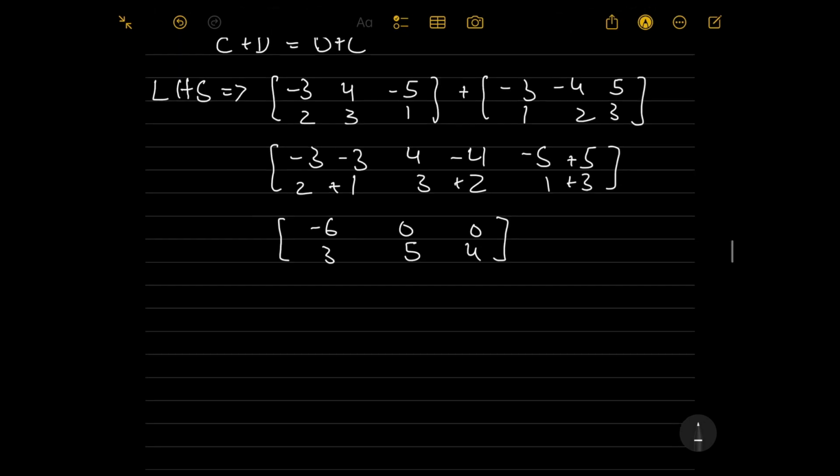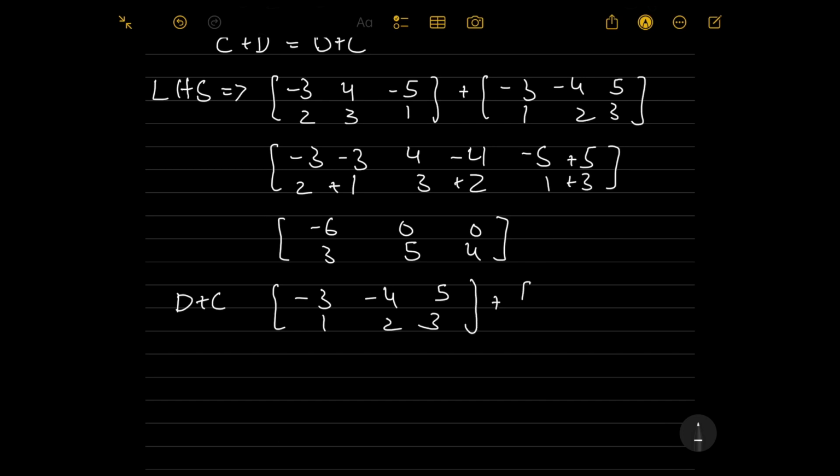Now the right hand side is d plus c. So d is minus 3, minus 4, 5, 1, 2, 3, and plus c is minus 3, 4, minus 5, 2, 3, 1.